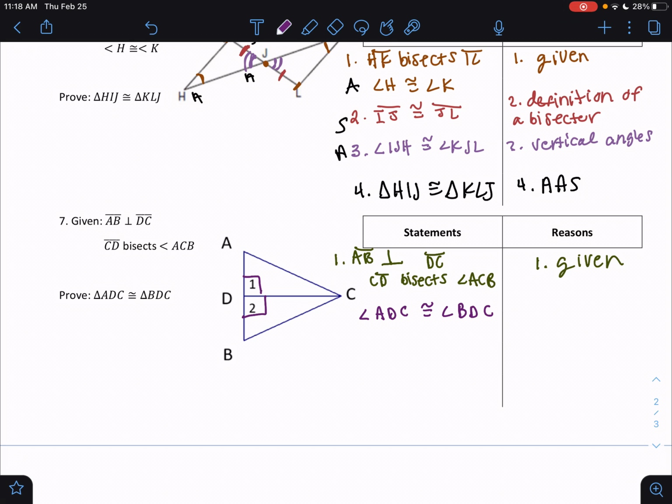And that is because that is the definition of a perpendicular bisector. So it forms two 90-degree angles.